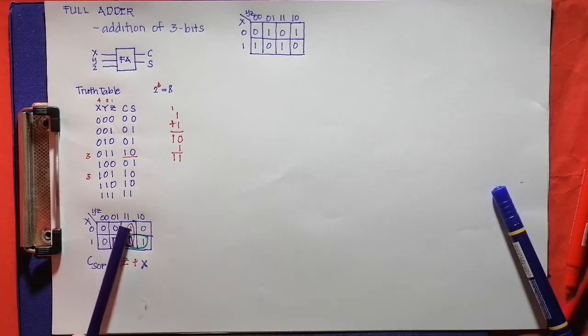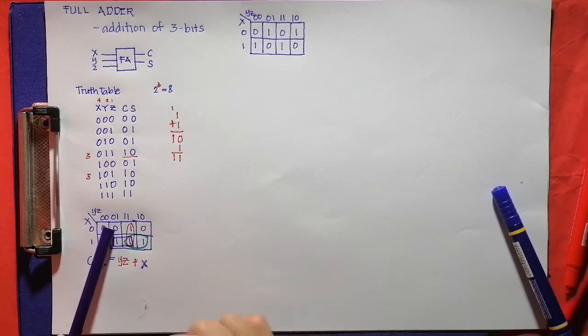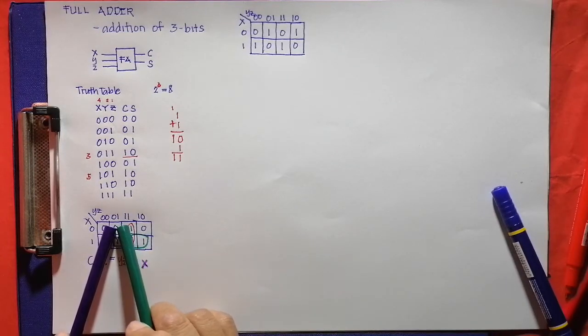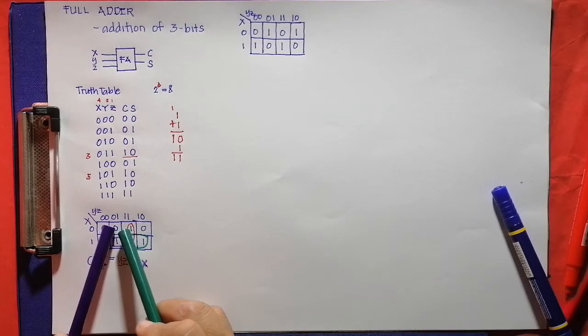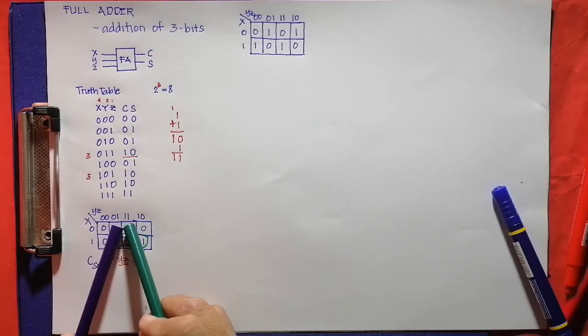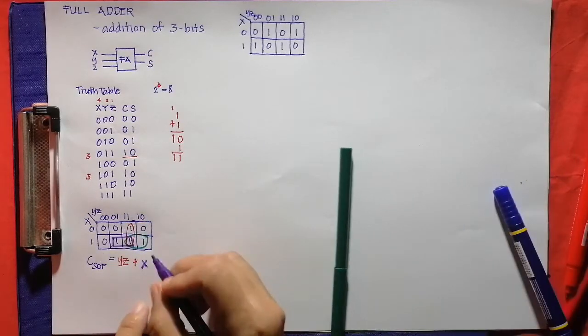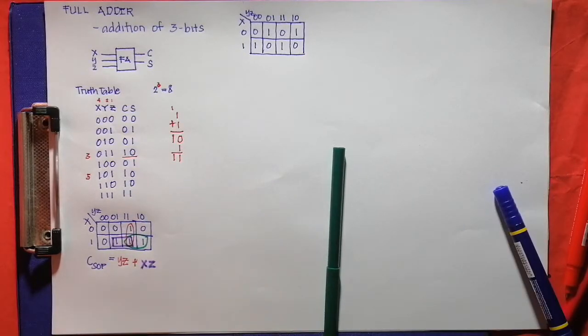We have 01 and 11. So 01 cancel. Take note, this is YZ, YZ. So we compare both Y's and Z's. For Y, 0, 1 cancel. 1, 1, that is Z. So that would be XZ.